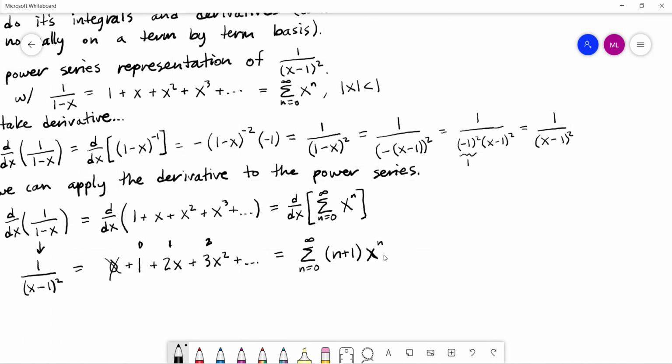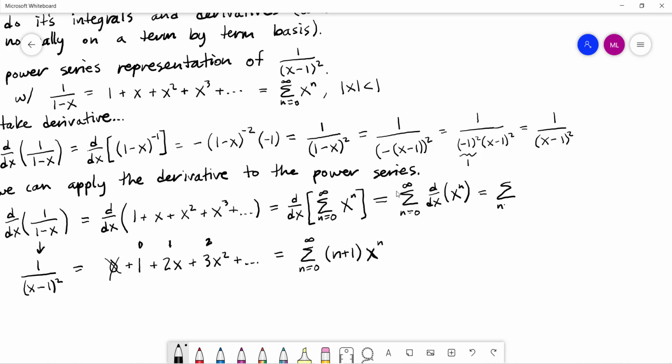The answer is yes, we certainly should. The derivative just applies, right? Because this is just a sum of a bunch of terms. The derivative goes and applies to the actual terms. We can shift that derivative onto the inside of the sum. So this is really just the sum from n equals 0 to infinity of the derivative of a bunch of x to the n terms.